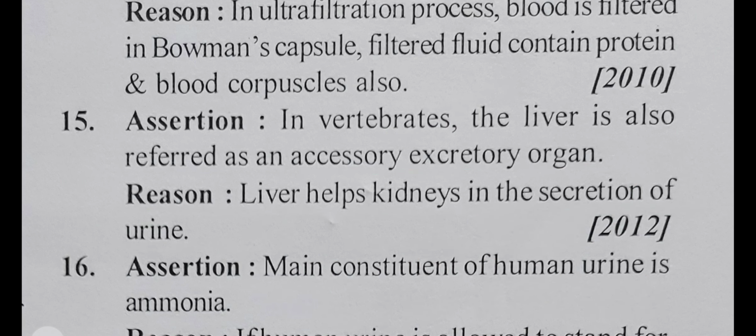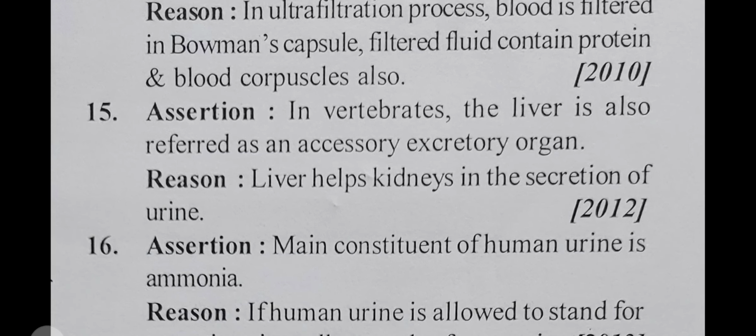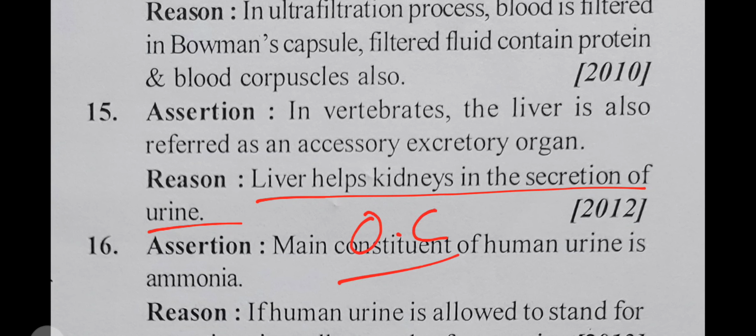So here the reason is false or incorrect, because the liver helps in formation of urea from amino acids in the ornithine cycle. It has nothing to do with secretion of urine; it has no role in secretion of urine.